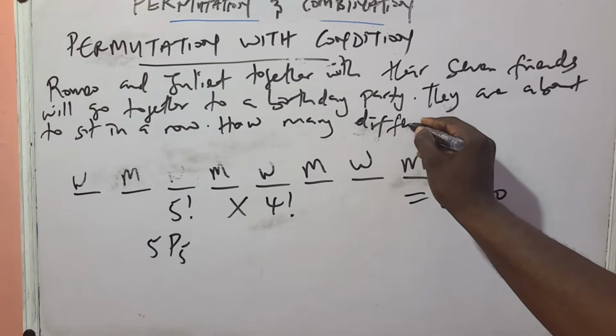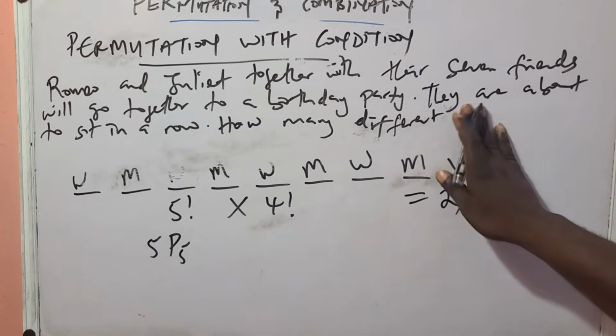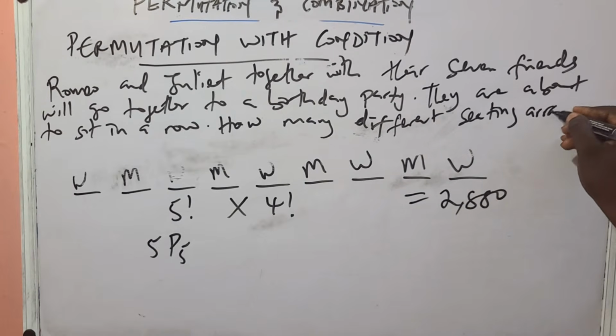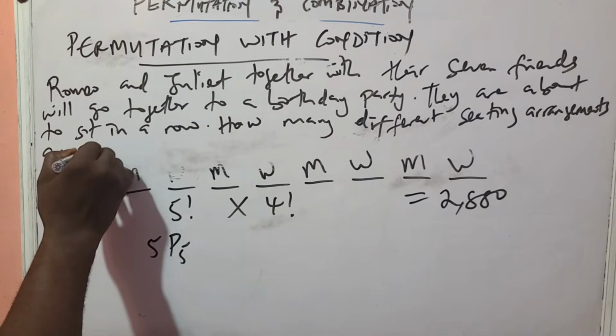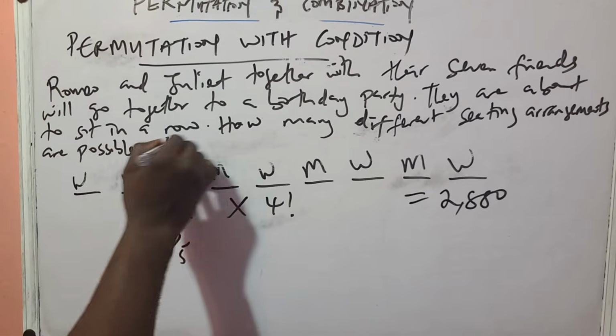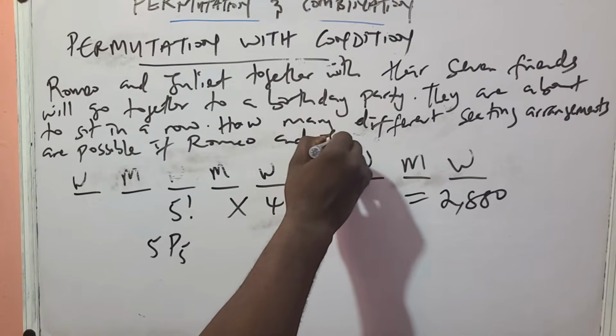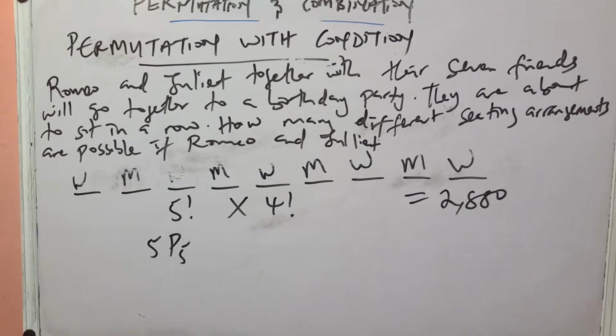Look at the condition now. How many different sitting arrangements are possible if Romeo and Juliet want to sit beside each other?